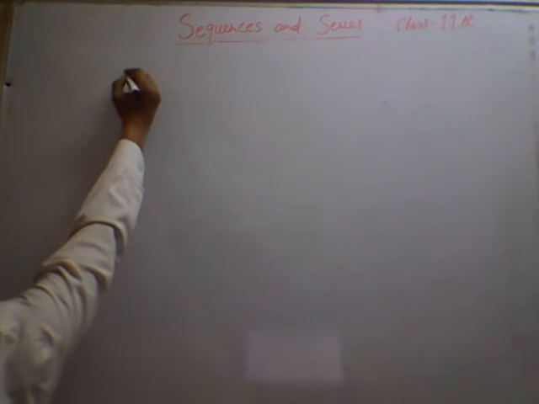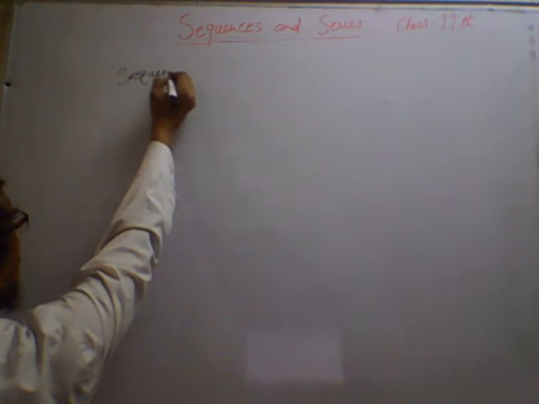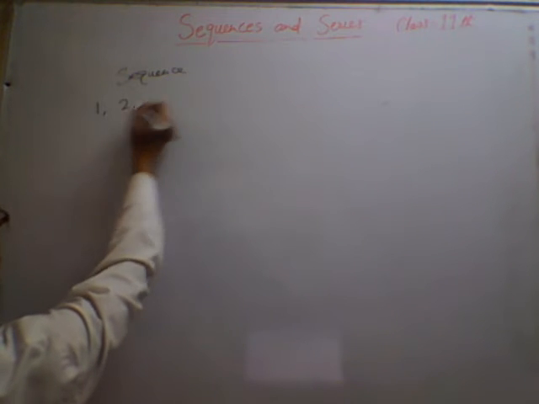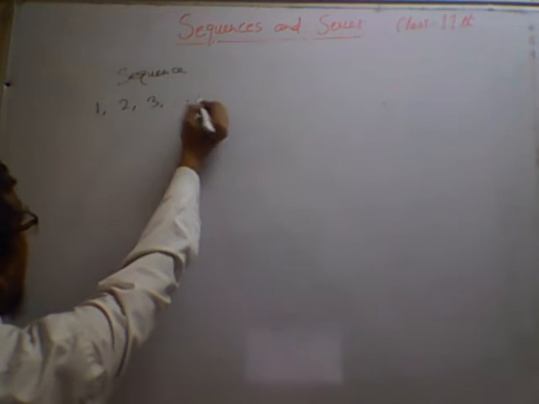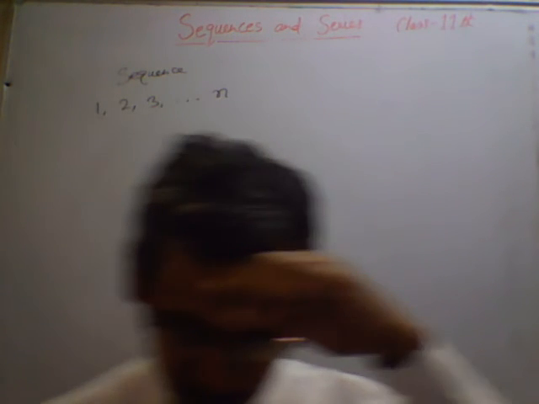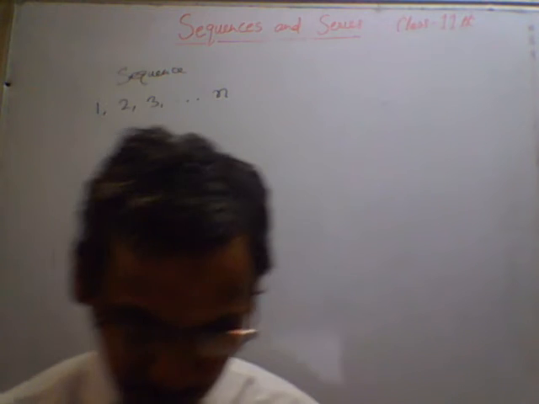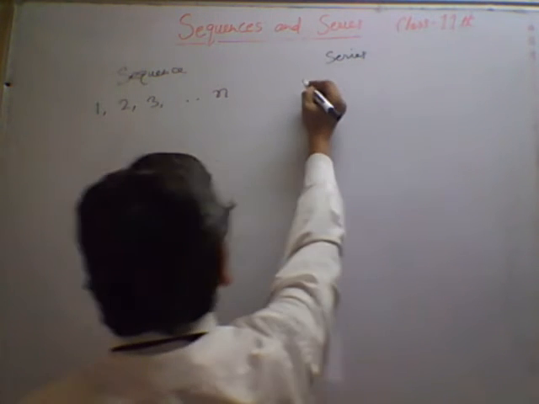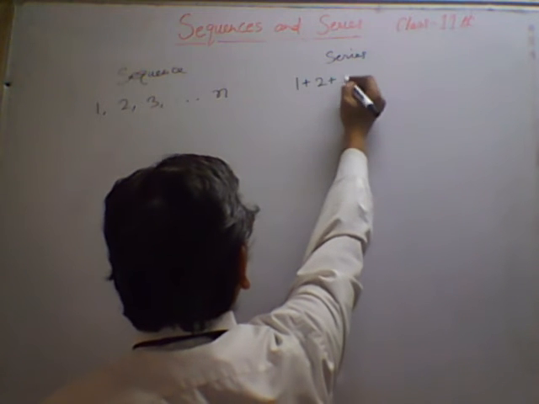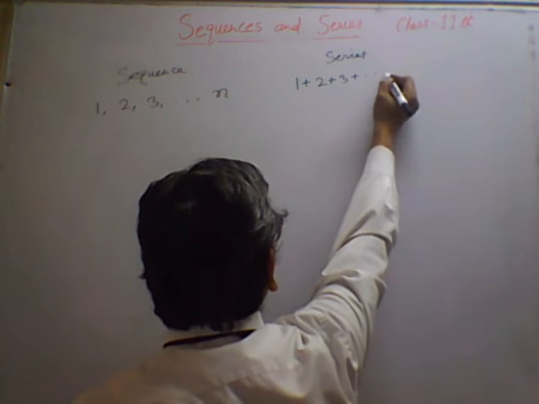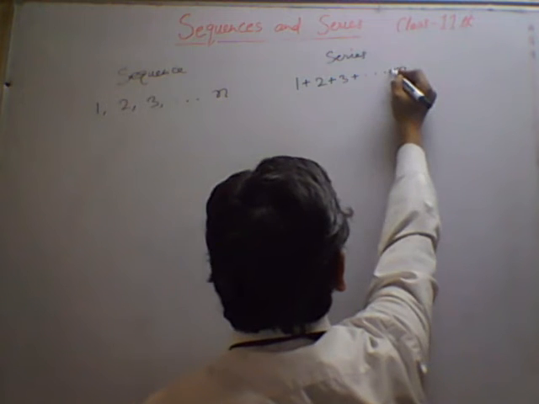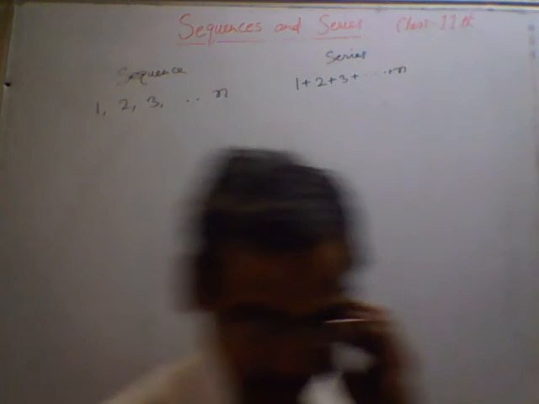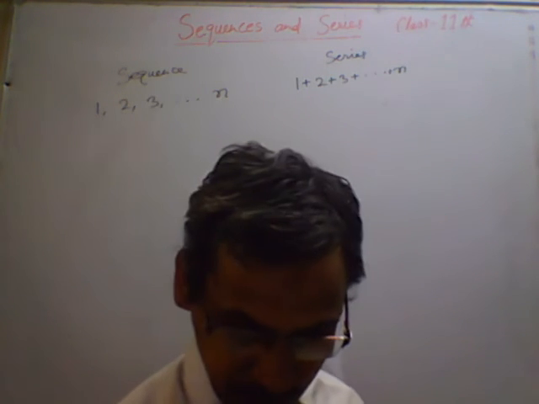A sequence is like this: 1, 2, 3, and so on. And series is 1 plus 2 plus 3 plus so on n. So this is series.